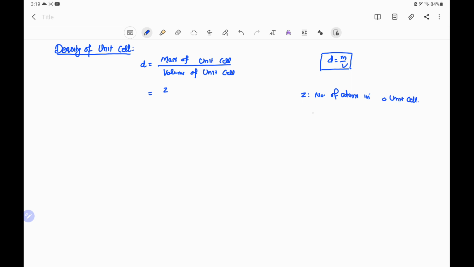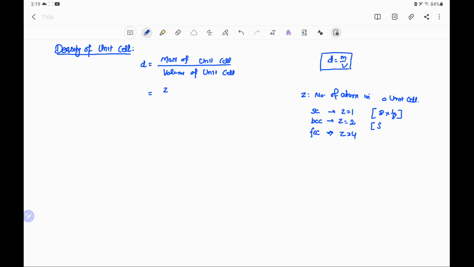If it is simple cubic, then Z will be 1. If it is body centered cubic, Z will be 2. And if it is FCC or face centered, then Z will be 4. We have already explained how Z is calculated as the number of atoms: in simple cubic, one atom is shared by 8 unit cells.